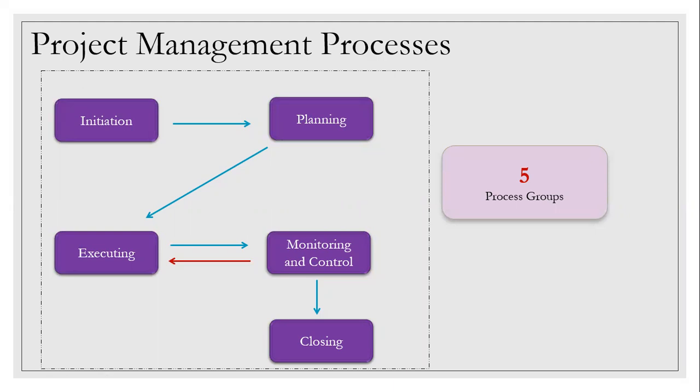Throughout the 5 process groups, you are going to have monitoring and control, though it is very visible when you are doing the execution steps. Still, throughout the project cycle, right from the start till the end, you are actually going to do monitoring and control, without which you will not be able to steer the project in the correct direction at the finishing line.